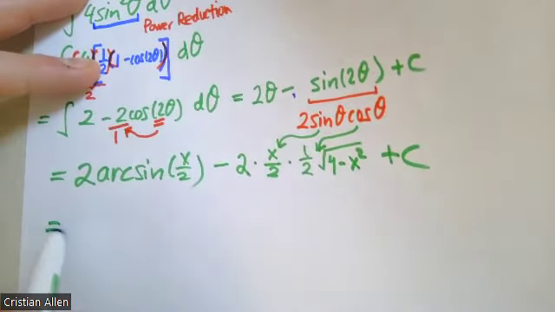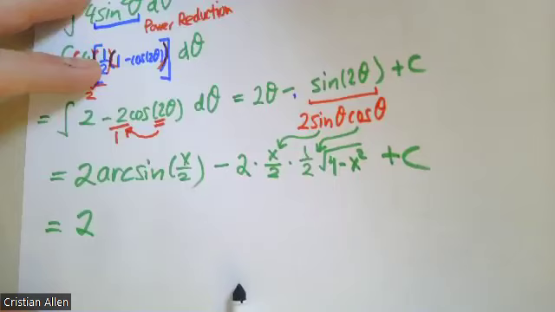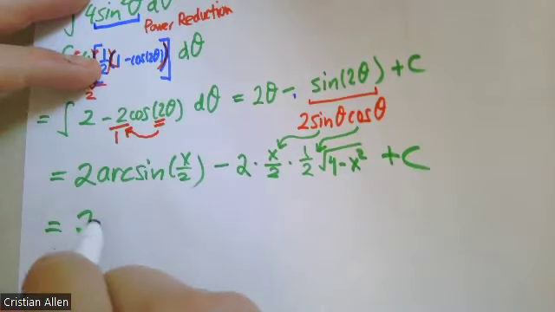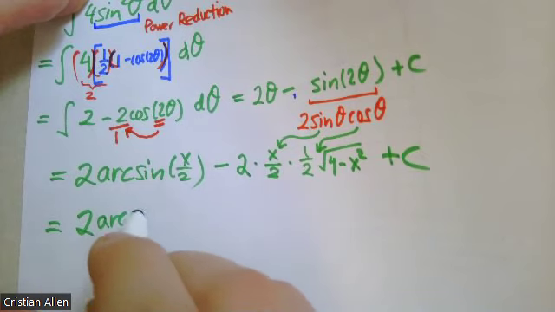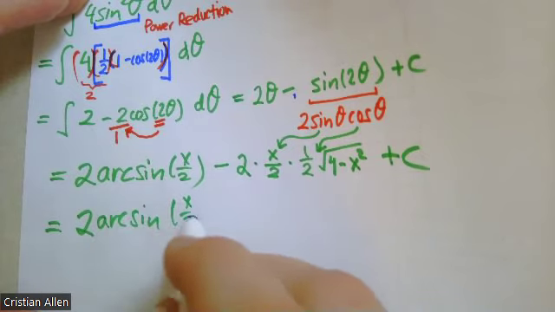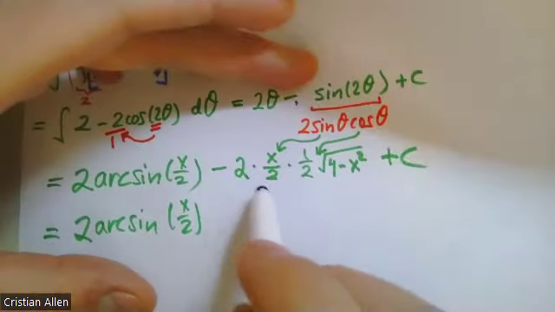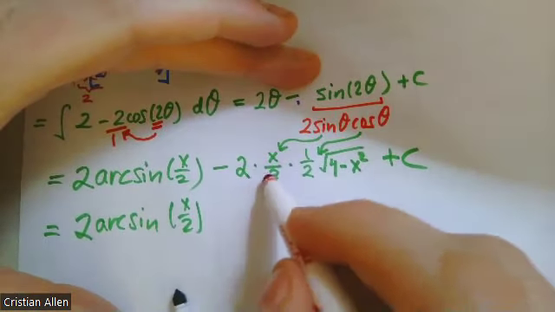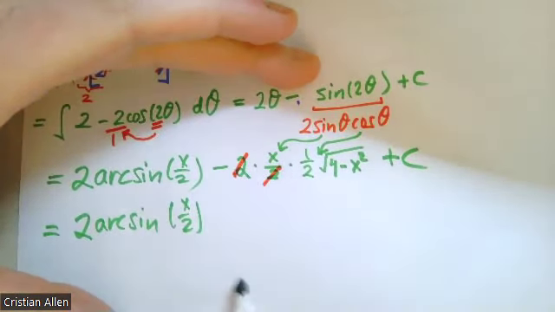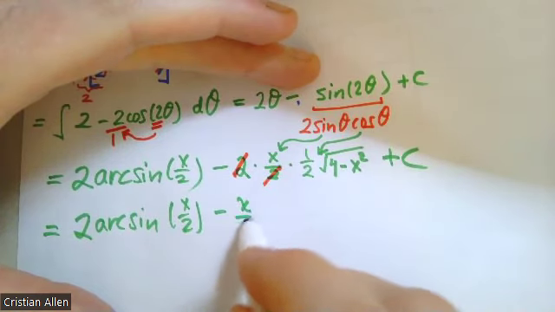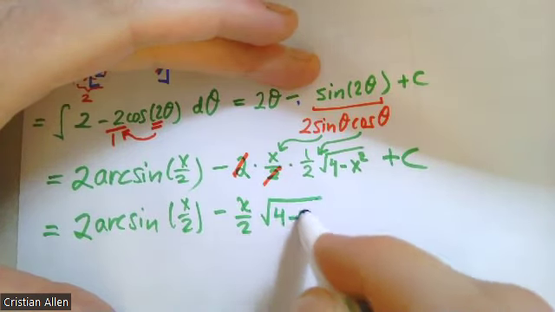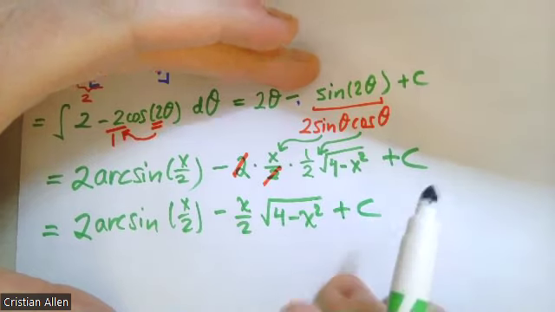Okay, so one final little step here. Let's see what I can get here. 2 arc sine x over 2. Now let's see what we have. This 2 cancels that 2. We have minus x over 2 times the rest.